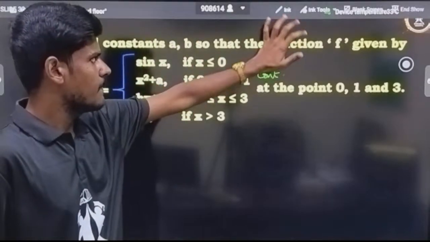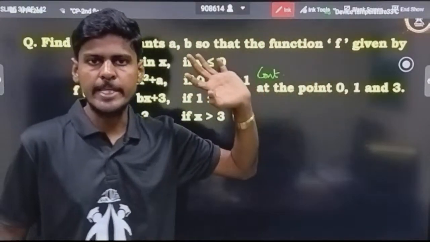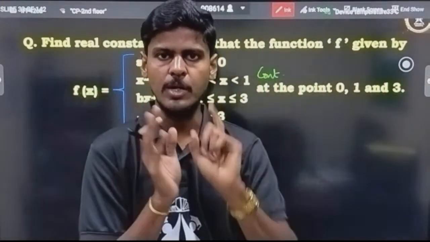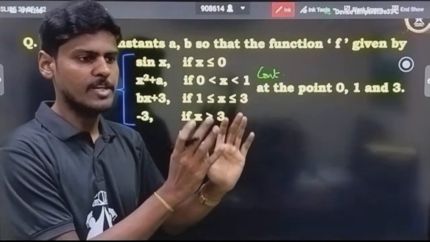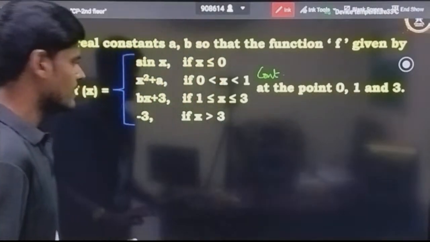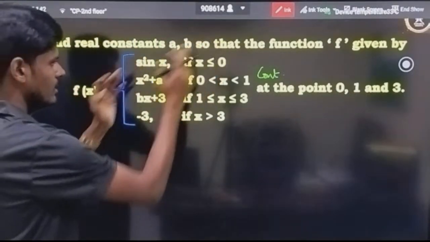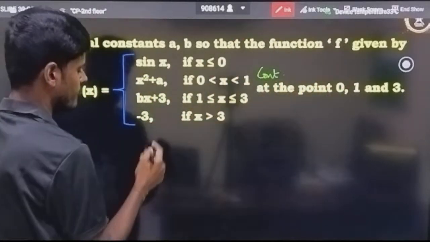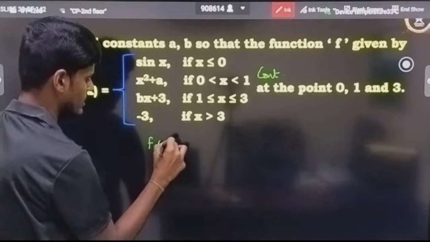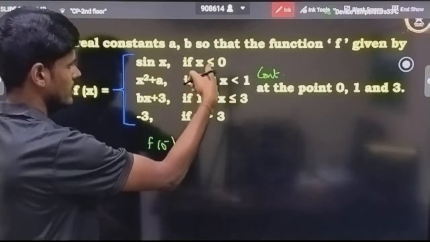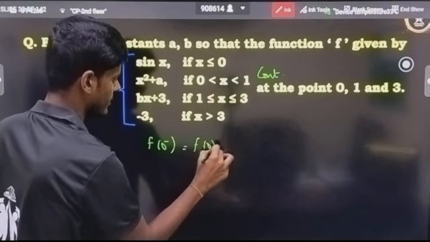Very easy students. We just have to apply the definition. The entire chapter of continuity is all about only one definition. Right hand limit, left hand limit and function value. Those should be equal. That is it. So here at 0, 1 and 3 this function is continuous, means we will find function value and left hand limit. F of 0 minus will be equal to f of 0.